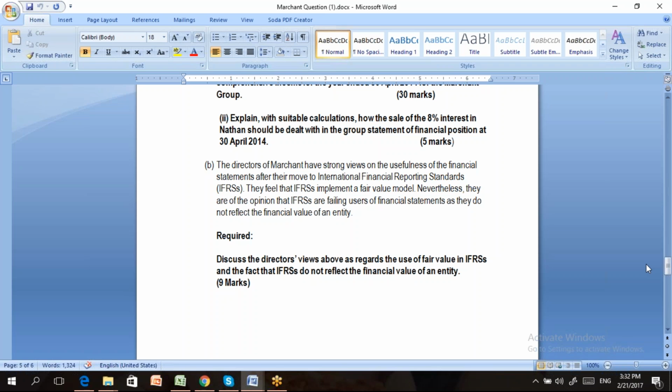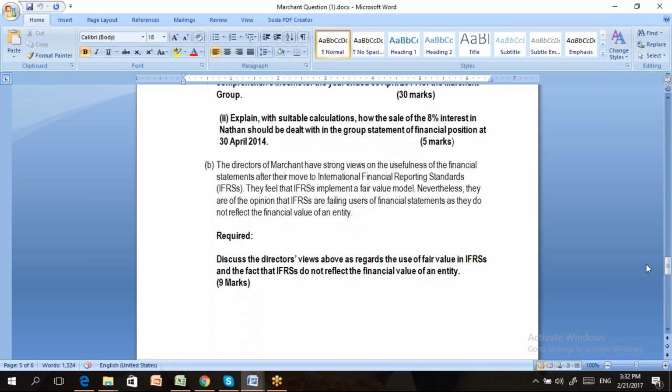Yeah. IAS 38 intangible assets allows the measurement at fair value, with corresponding increase shown in equity. Only thing, it has a condition.